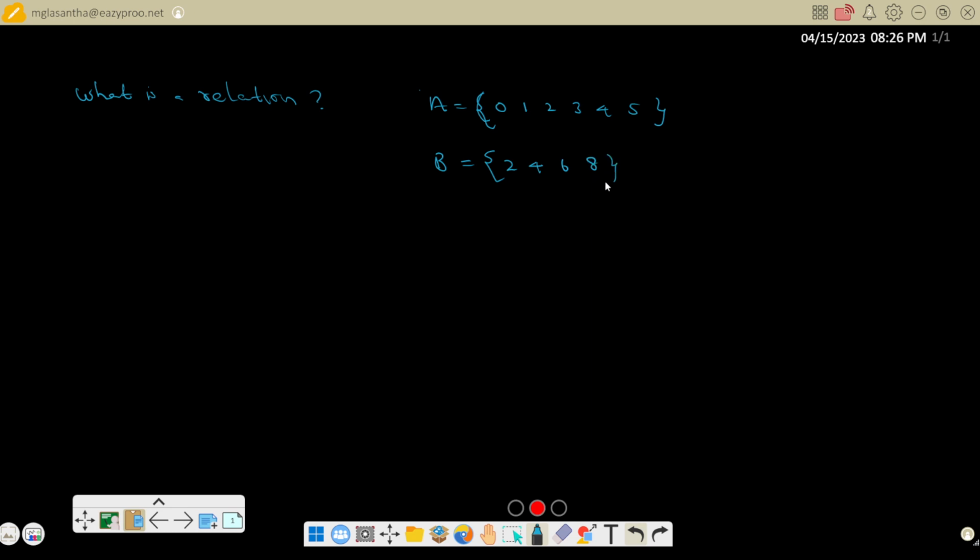Then how do you connect elements of A to elements of B? What is the connection? So 0 is connected to 2. 0 is connected to 6. 1 is connected to 4. So that is one relation.